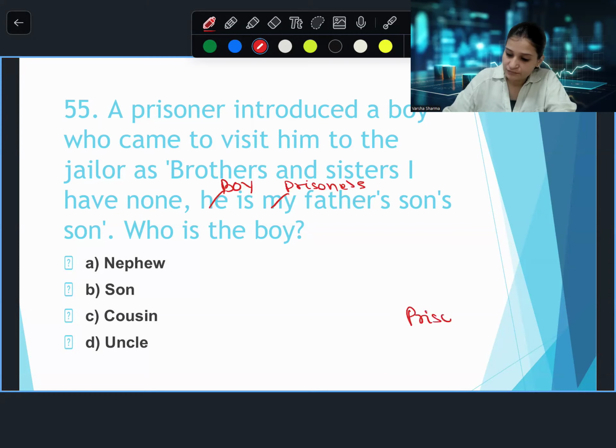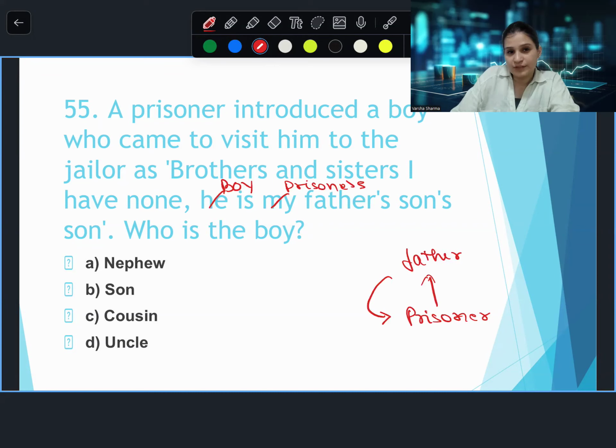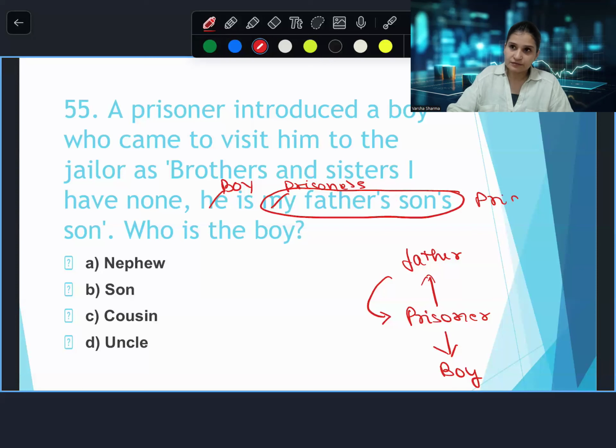We have prisoner, father's son is again the prisoner, and again the son is the boy. Prisoner's father's son's son. Prisoner's father's son is the prisoner itself. These three mean the prisoner.